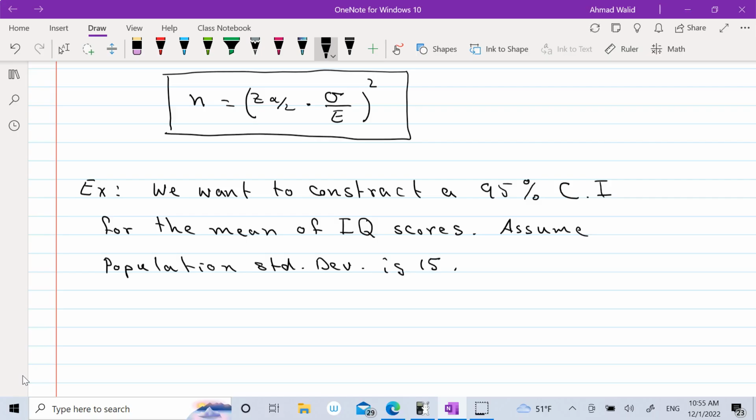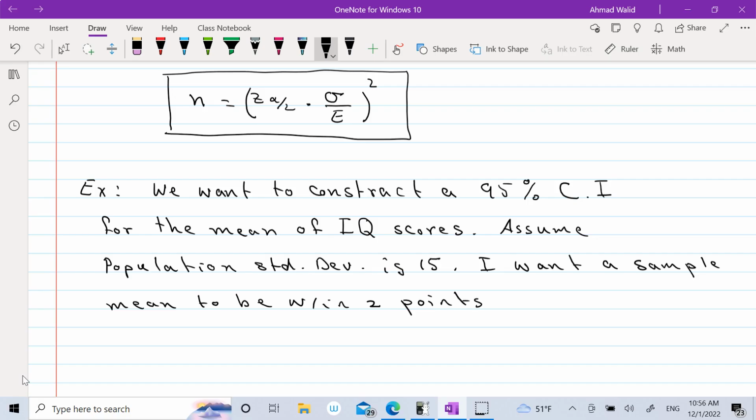I want a sample mean to be within 2 points of the population mean.